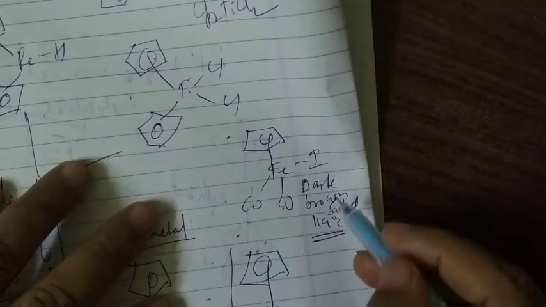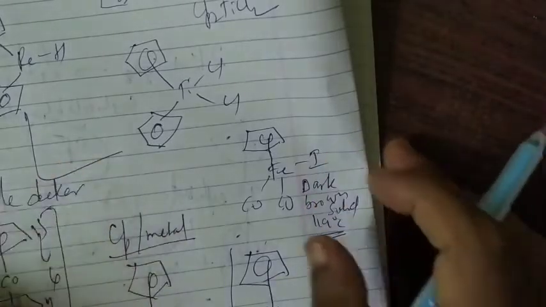Okay, so some organometallic complexes with a single cyclopentadienyl ring are also possible. In some cases you can see there is a bridge between the metals.